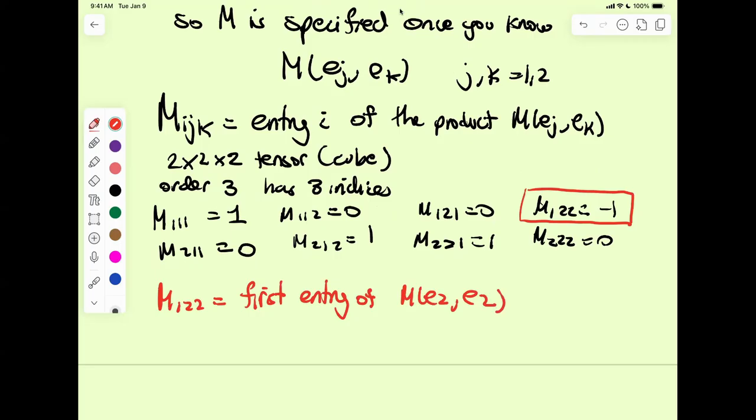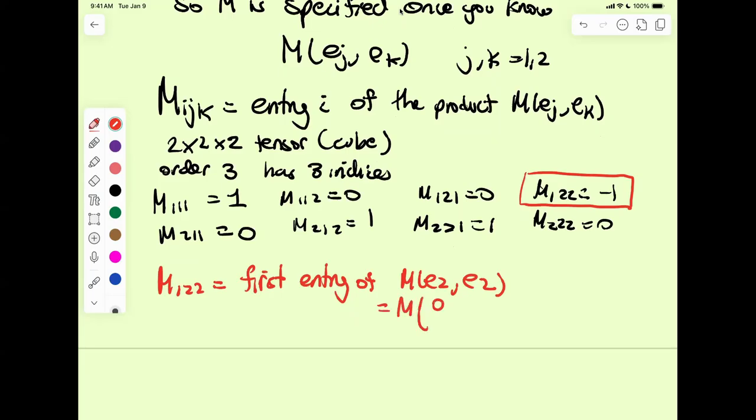Okay. So again, this is complex multiplication. The idea is E2 is 0, 1, and 0, 1. But if you want to multiply them as complex numbers, 0, 1 corresponds to i. So you're doing i times i. And i squared, if you remember, is -1.